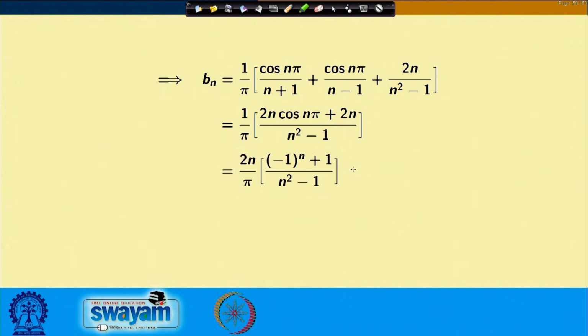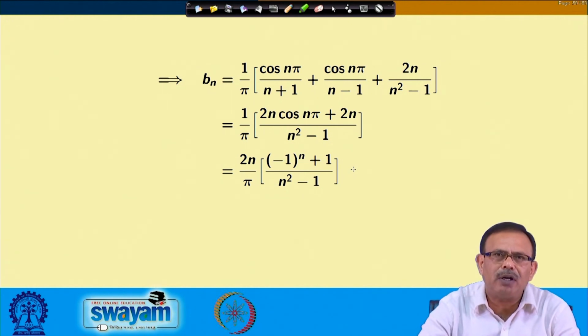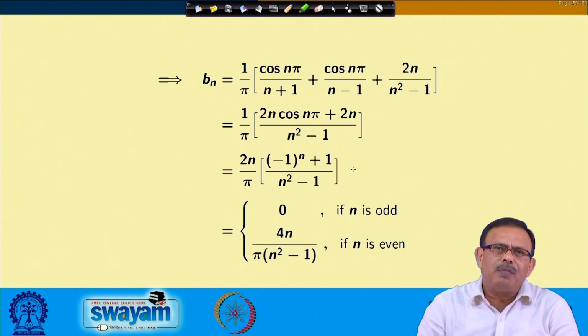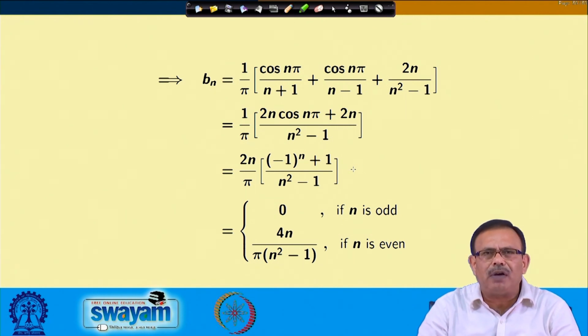Now, in the simplified form of B_n, I can write it as 2n by π into ((−1)^n + 1) by (n² − 1), which shows that if n is odd, the value is 0, and whenever n is even, this will be equal to 4n by π into (n² − 1).